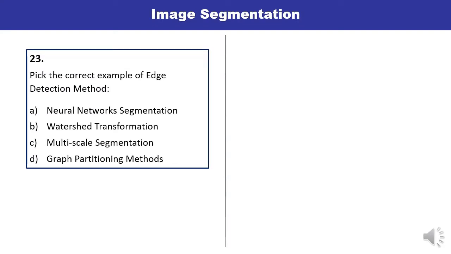Question number 23 is, pick the correct example of edge detection method. You have to pick the correct example. Options are neural network segmentation, watershed, multi-scale, and graph partitioning. So watershed transformation is a perfect example of edge detection method.